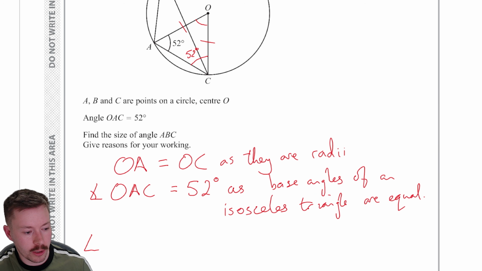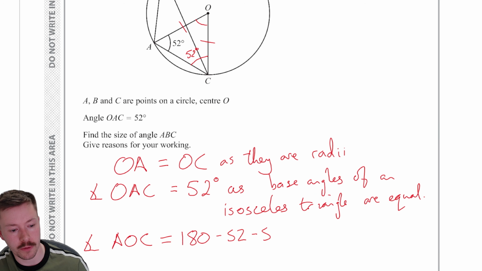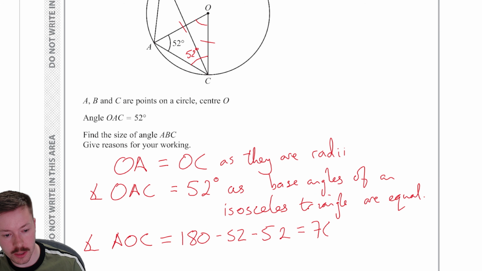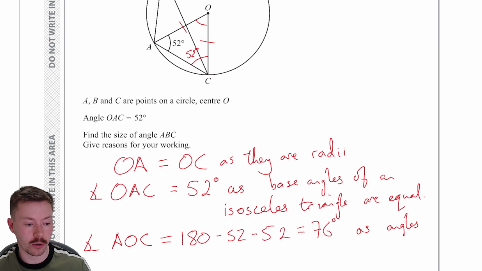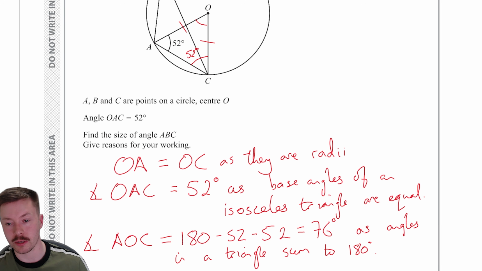So, angle AOC is equal to 180 minus 52 minus 52, which is equal to, well, that's 104, so it's going to be 76 if I've got my maths correct. 76 degrees as angles in a triangle sum or add to 180 degrees.